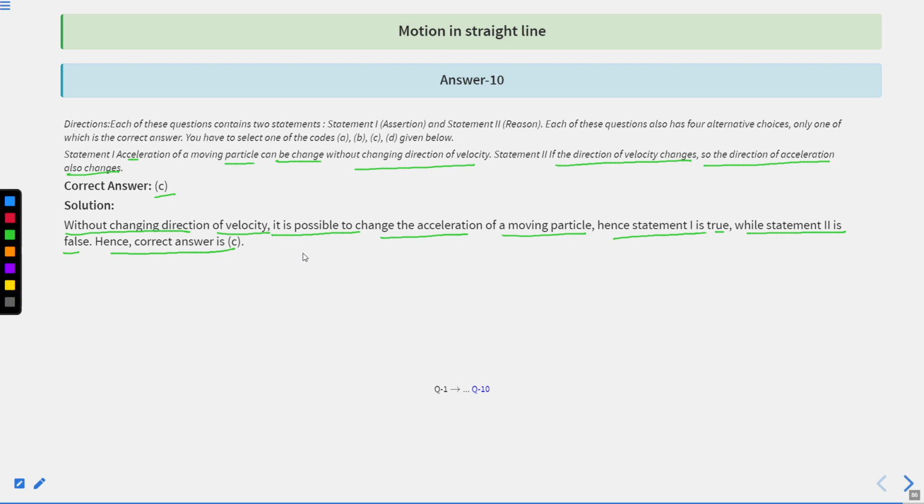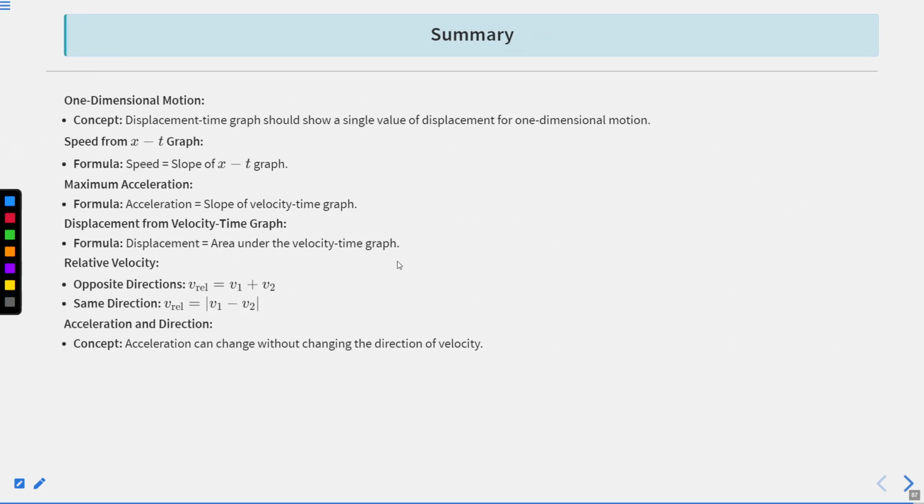Clear? So, important formulas, one-dimensional motion and their concepts: speed from the x-t graph. These are the important formulas which we used in today's lecture. Maximum acceleration concept: acceleration is equal to the slope of the velocity-time graph.